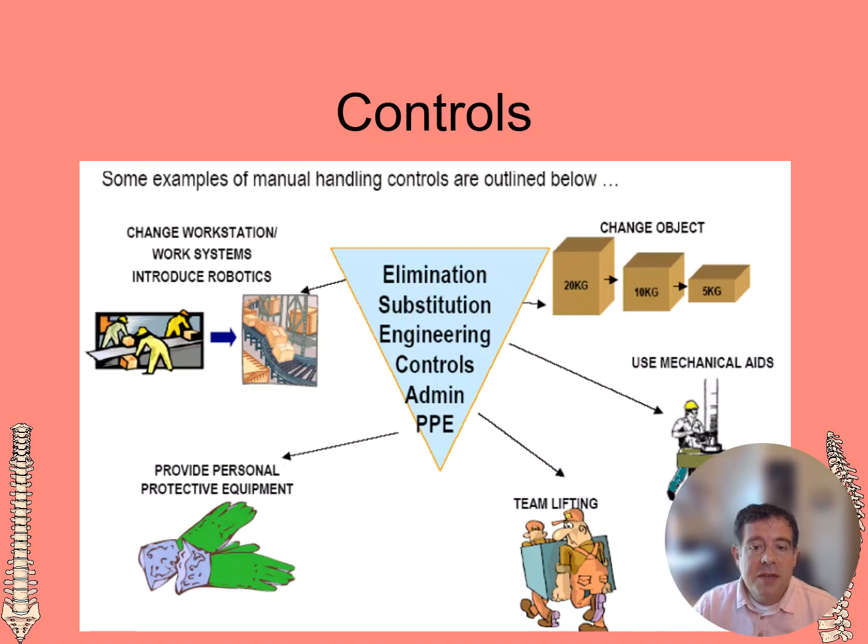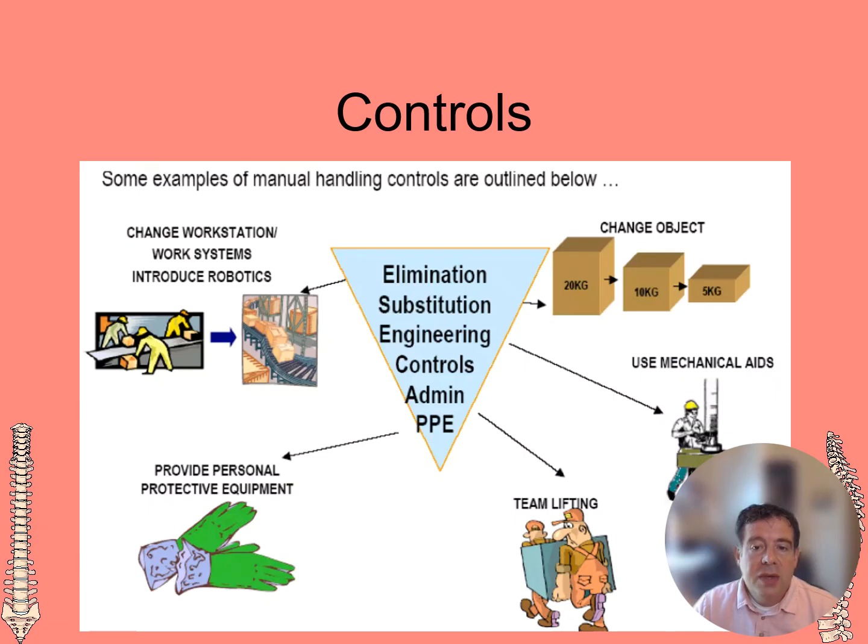So hierarchy of controls, again, we got elimination, substitution, engineering, administration, and PPE. If we want to try to eliminate, conveyor belts, so the people are not really moving that material, could be a good example.